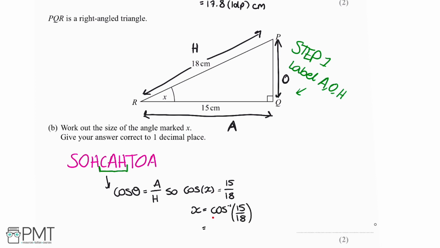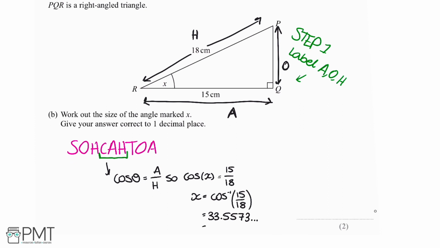And if we put this into the calculator, we get 33.5573... However, again, we want one decimal place, so that's going to be 33.6 degrees to one decimal place. So the final answer is 33.6 degrees. And again, we're going to get 1 mark here for working, and 1 mark for the correct final answer to one decimal place.